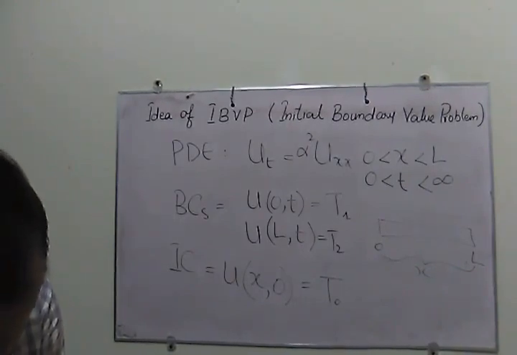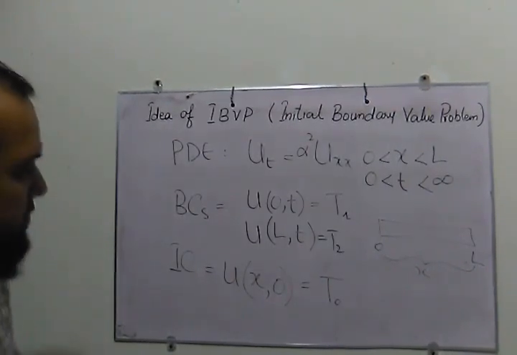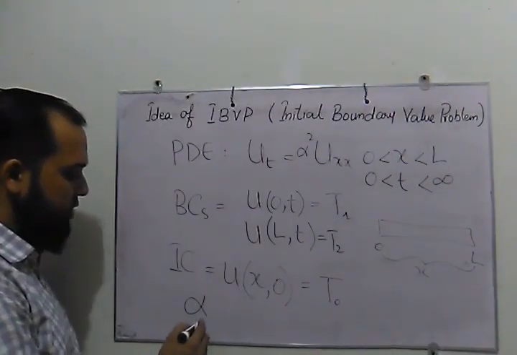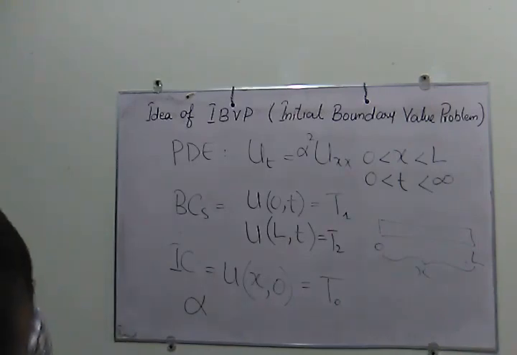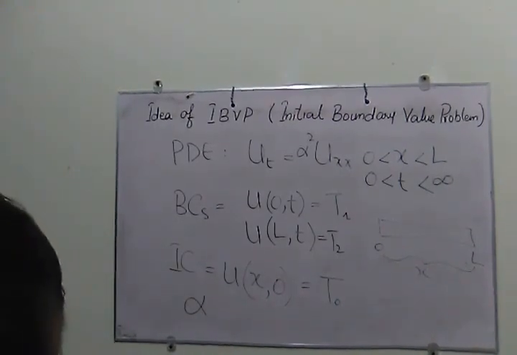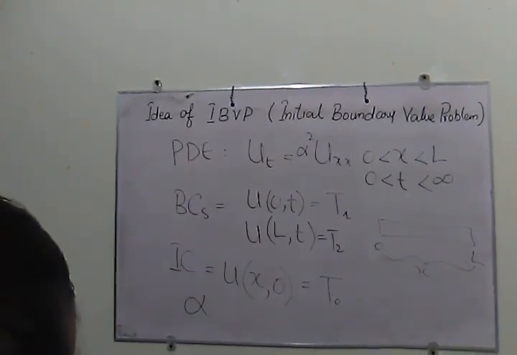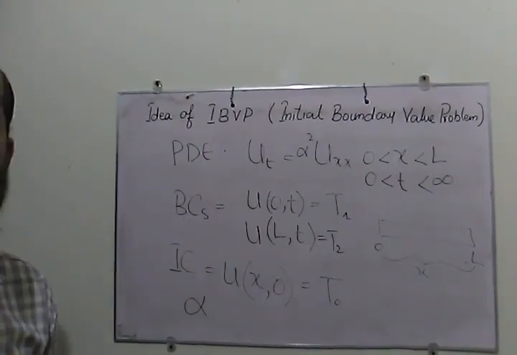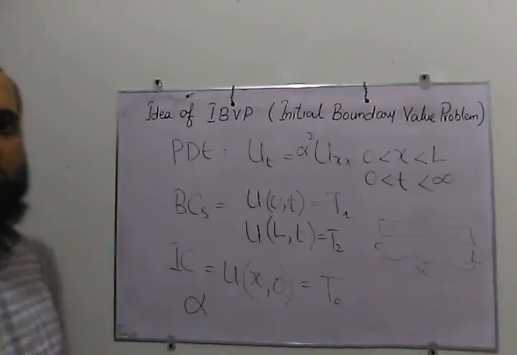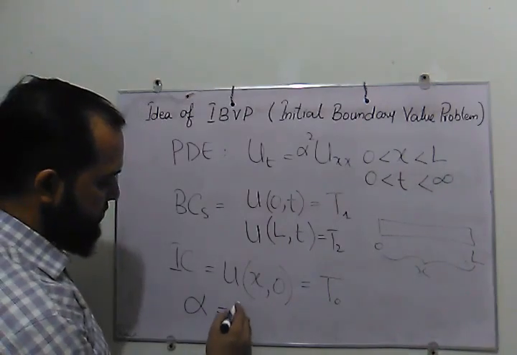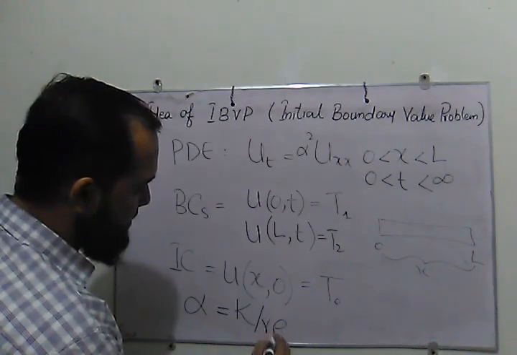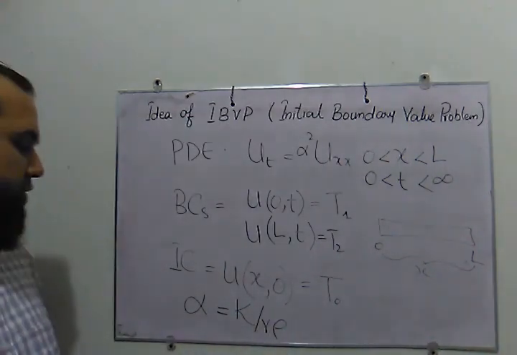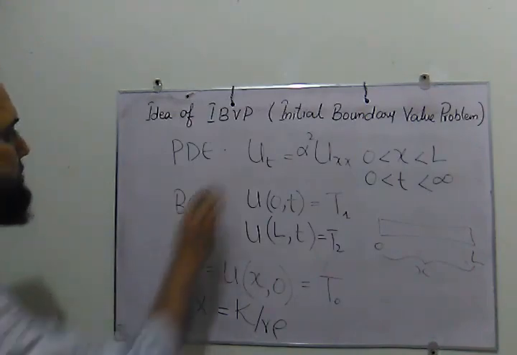Alpha basically is a constant, which is K upon gamma rho.